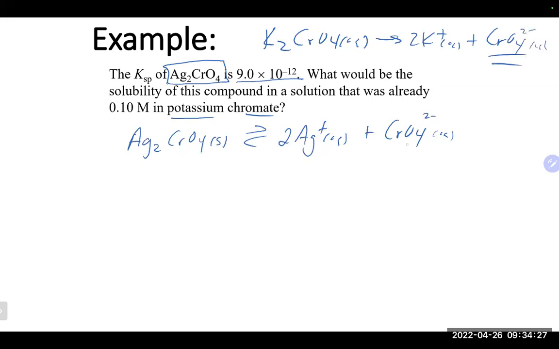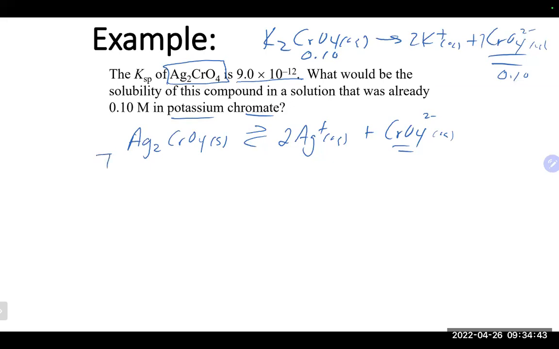Obviously here it is the chromate that is our common ion. Since the concentration of potassium chromate is 0.1 molar, it is a 1-to-1 relationship, which means the chromate would also be 0.1 molar.